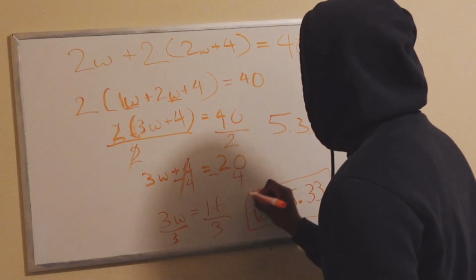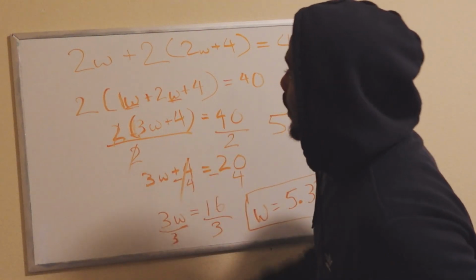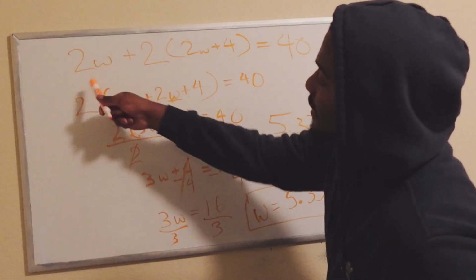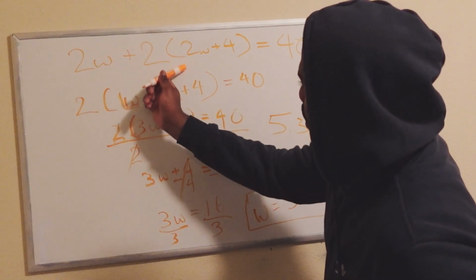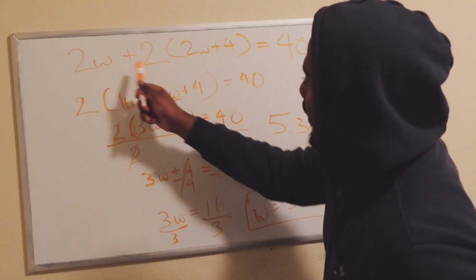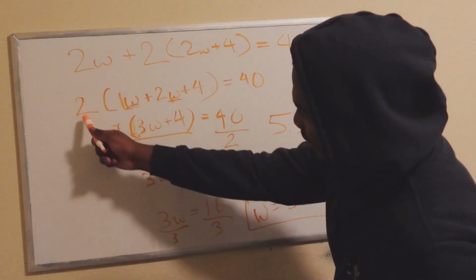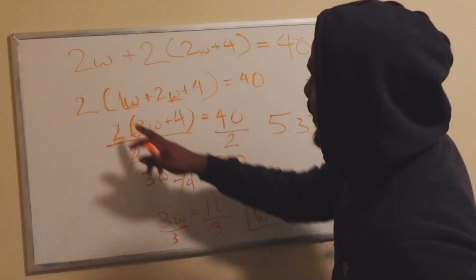And that's the answer. So remember, key points for this. Don't get confused by this. If you see 2 being multiplied by 2 of your numbers, right? So you're multiplying 2 here, and you're multiplying 2 here. You can always factor that out. And always remember your like terms, right?